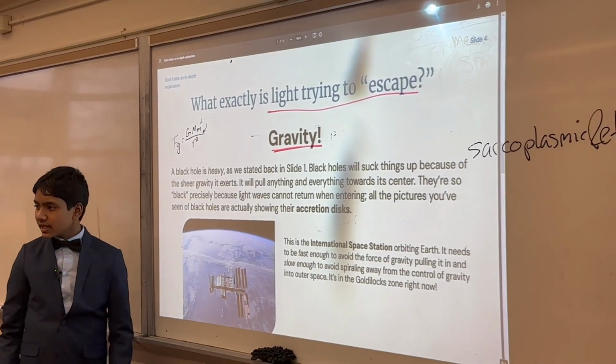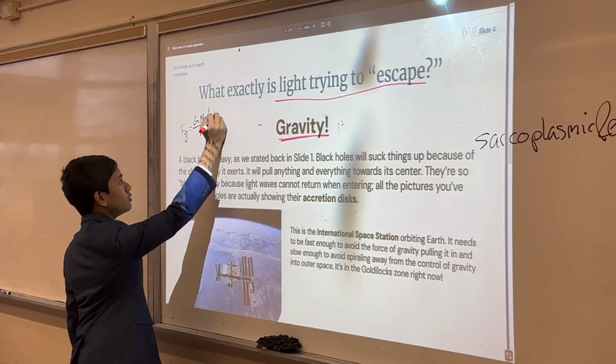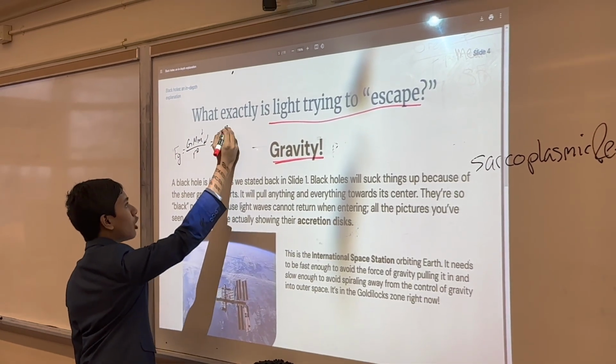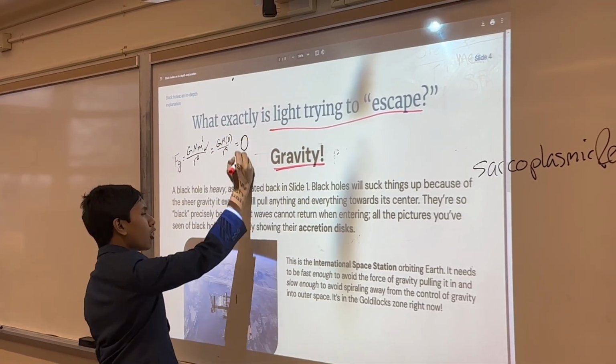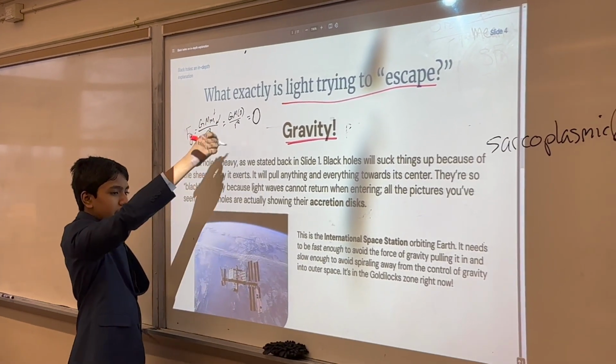But wait, light has 0 mass. Photons have no mass. So if I plug in 0 right over here, no matter what m and r are, won't I just get 0? How is light physically influenced by gravity?